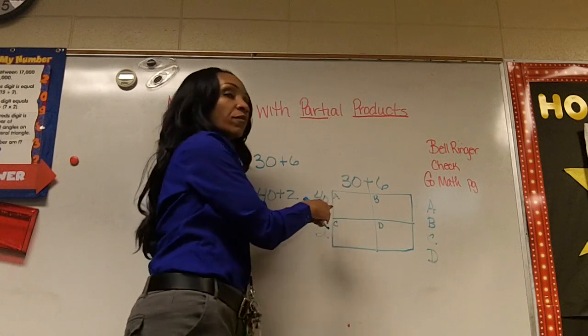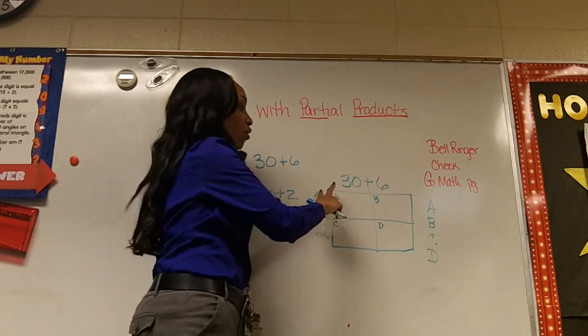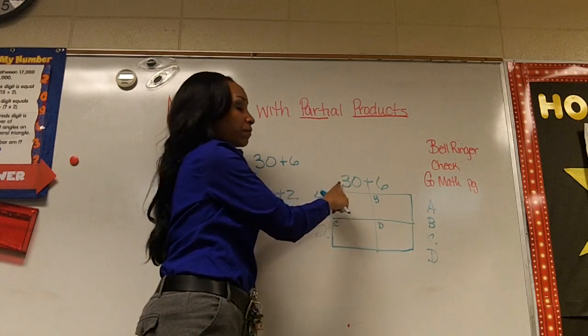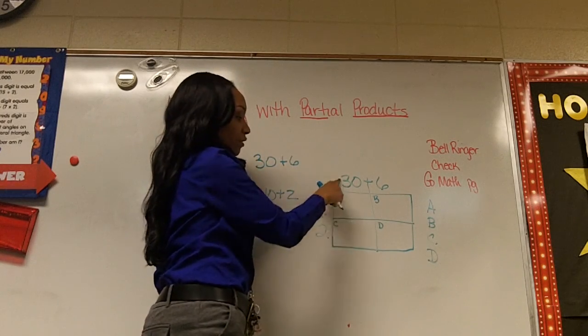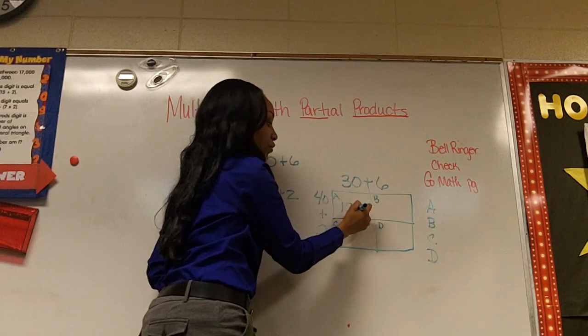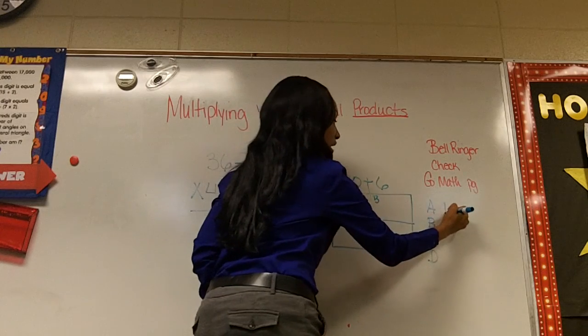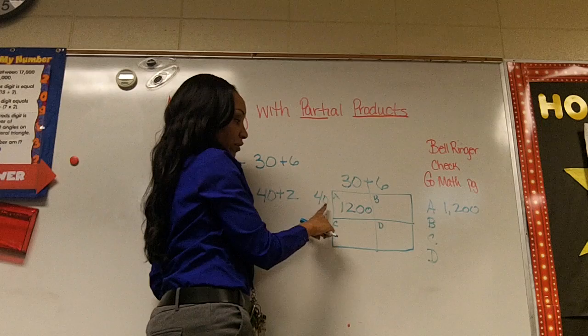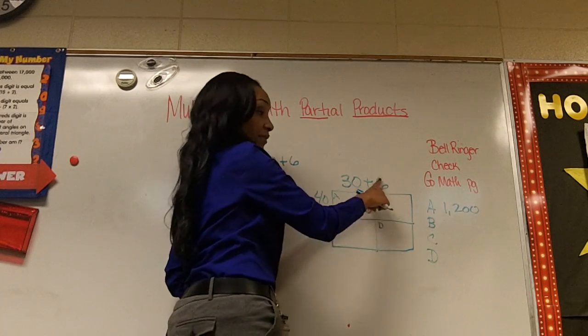Alright, in order for me to find the product for A, I want to multiply my tens. I have 40 times 30. And because I know that 4 times 3 is 12, and I have my 2 additional zeros, I want to add those. That gives me 1,200. Then I want to multiply 40 times 6.